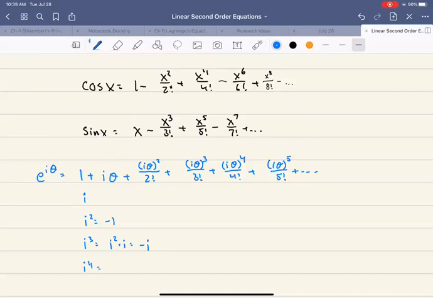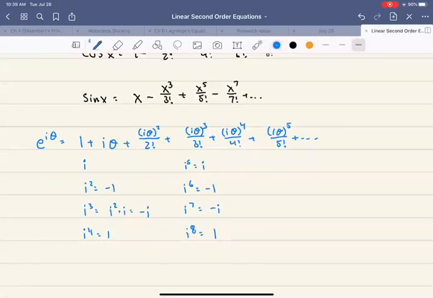Then i to the 4th equals 1 again. i to the 5th equals i. i to the 6th equals -1. i to the 7th equals -i again. And i to the 8th equals 1. We could keep going like this forever.